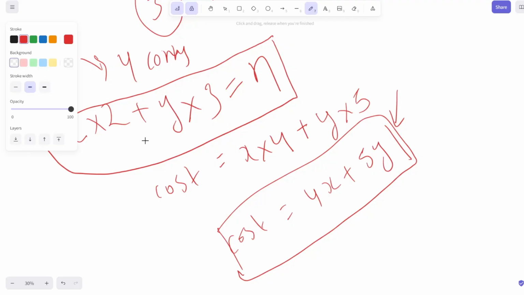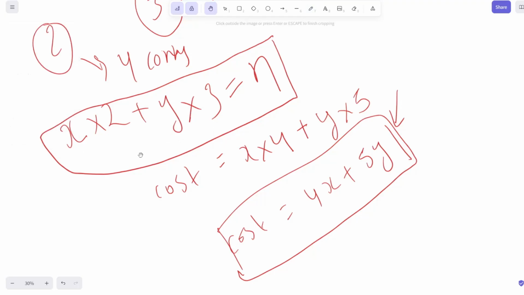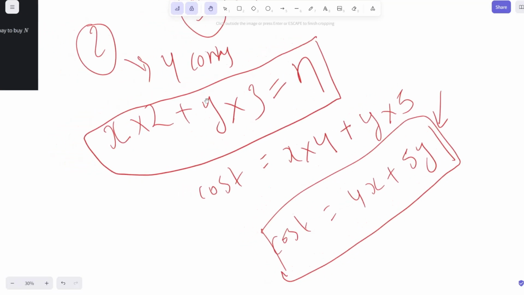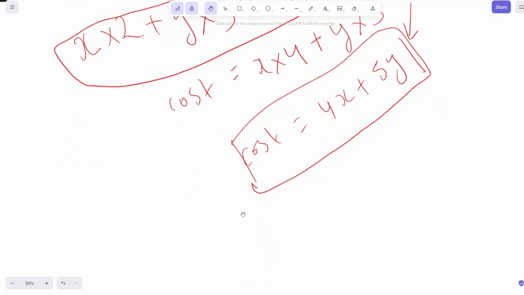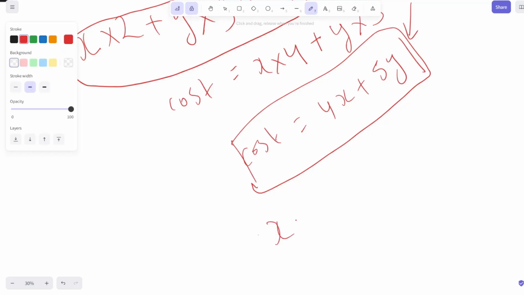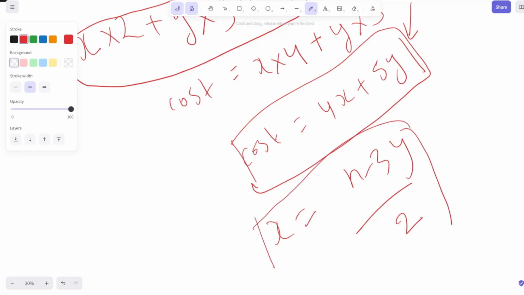So we have to fix either x or y so that the remaining equation is of one variable. In my solution, I have fixed y. If you fix y, then x will be (n minus 3y) divided by 2, the value of x for a fixed value of y.